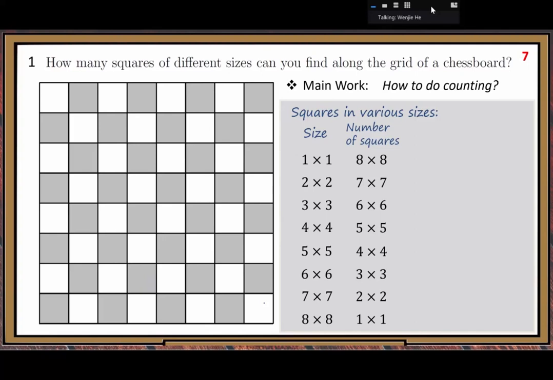Can you see some interesting property between these 2 columns? Reverse, good. That's a nice property. Is there any other interesting property you can see?